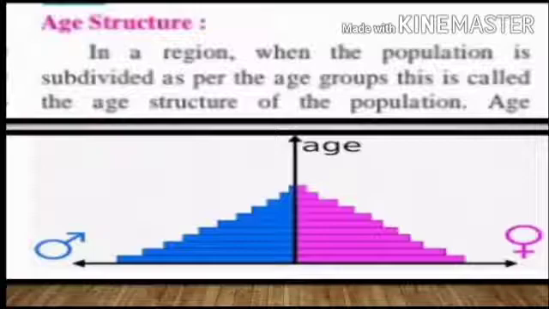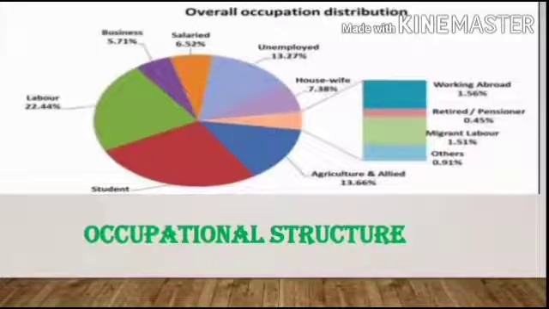The next method to categorize population structure is occupational structure of the population. The population of a region can be classified into working and non-working group. These people who are not in jobs or professions despite being in a productive age come under the non-working group, means the people who are of the age between 15 to 59 but they are not working anywhere.